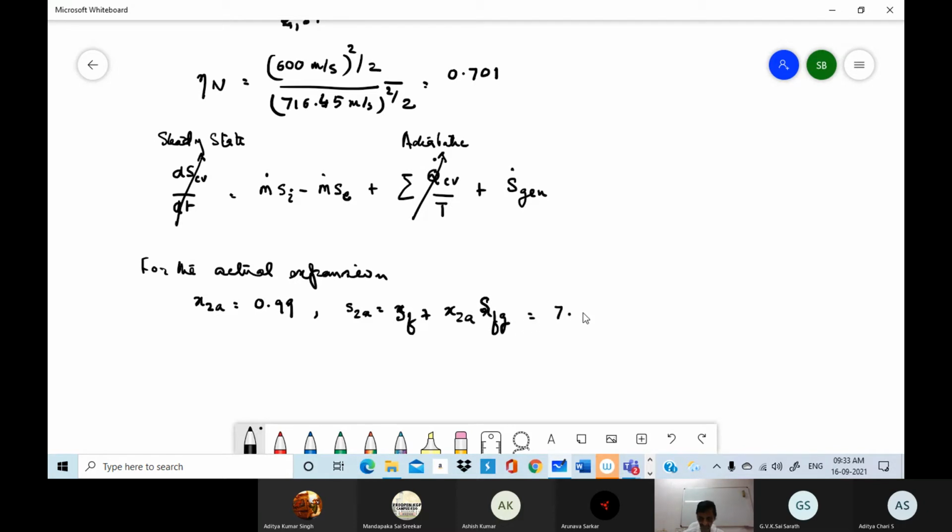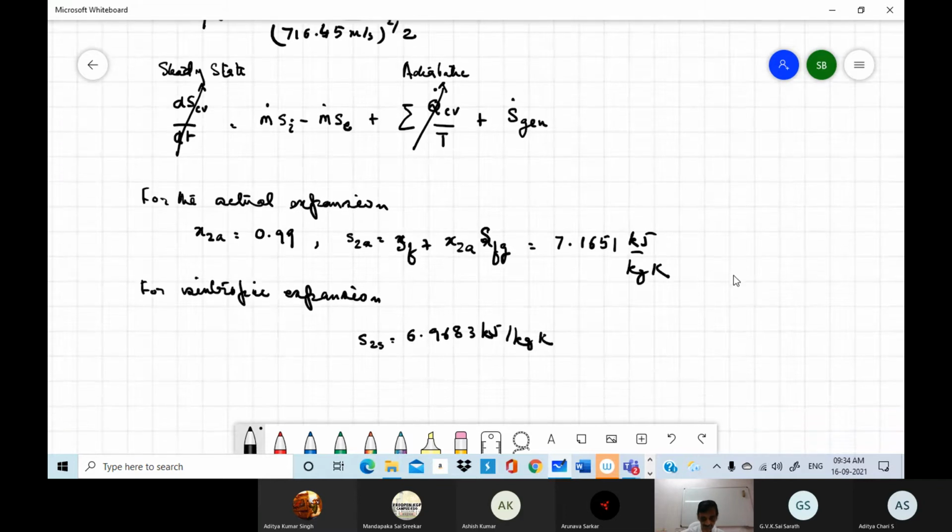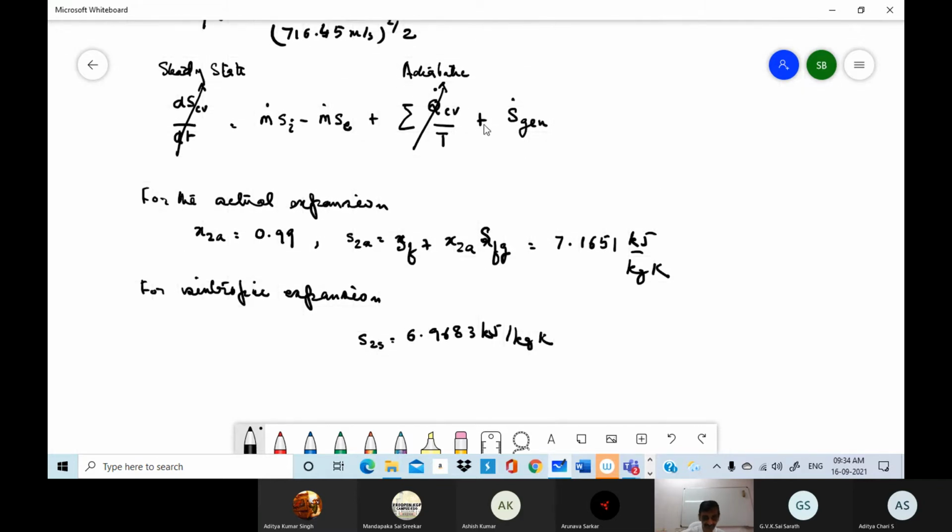That turns out to be... So from this equation, S dot gen is m dot into S exit minus S inlet.